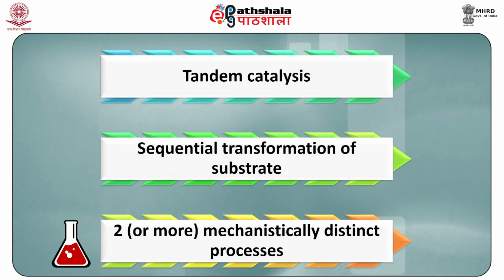Tandem catalysis involves sequential transformation of the substrate via two or more mechanistically distinct processes. In 1984, Ito and co-workers reported a new method of synthesis of gamma lactams through ruthenium-catalyzed cyclization of allylic trichloroacetamides.